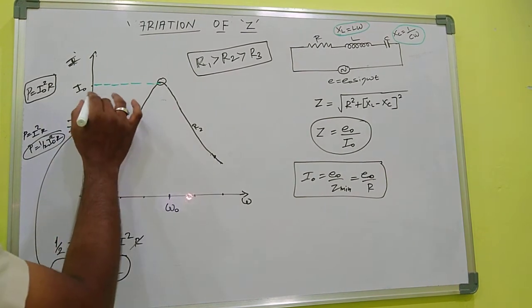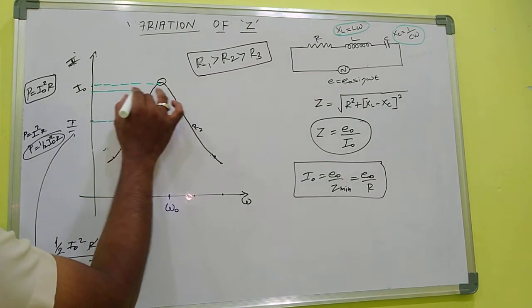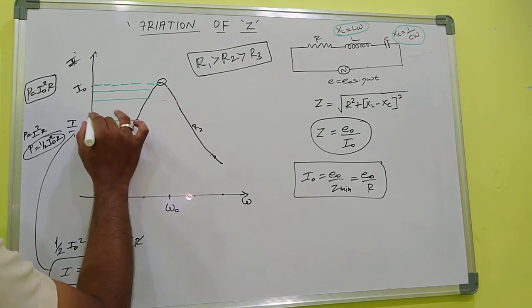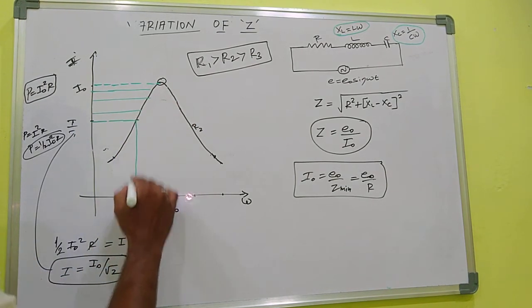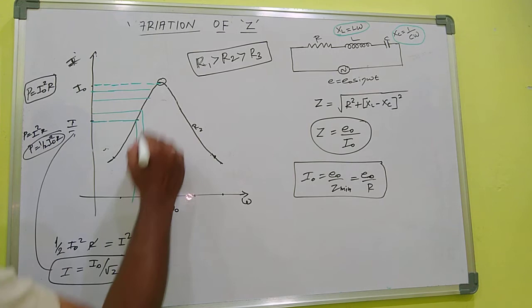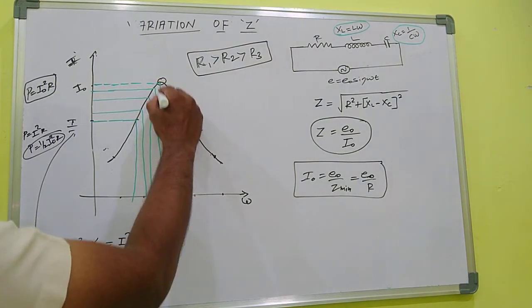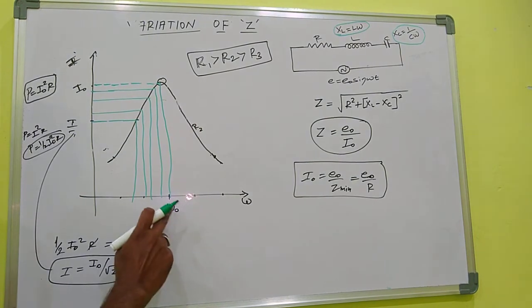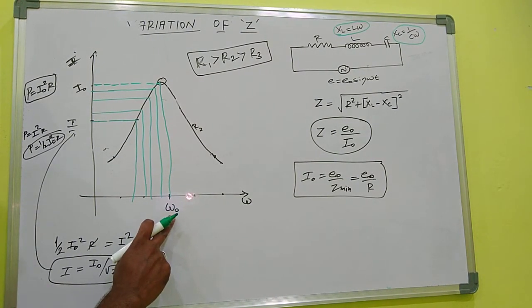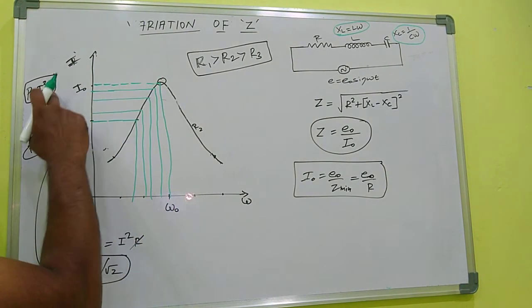So between these two values, for example, these points 1, 2, 3, 4 and 5. At the resonant frequency, the current will be maximum, power will be maximum.